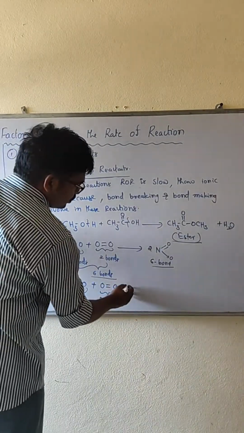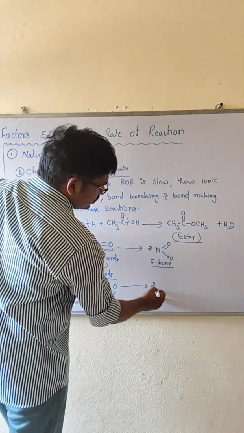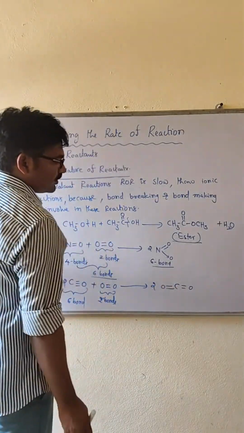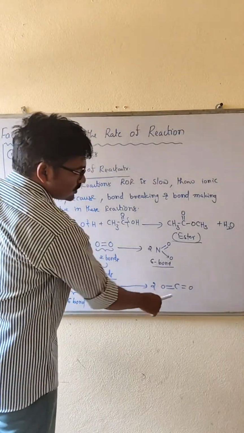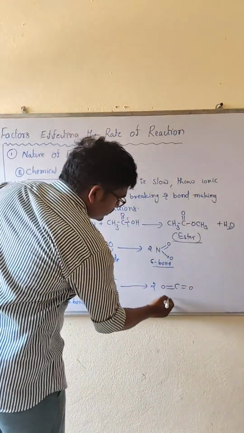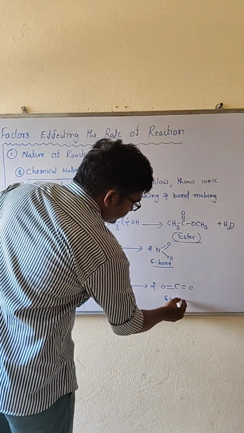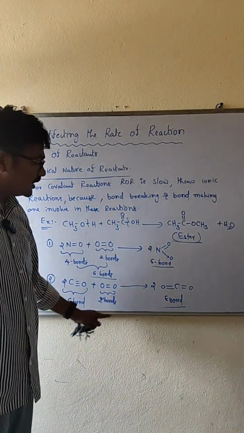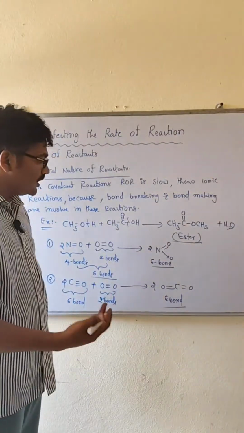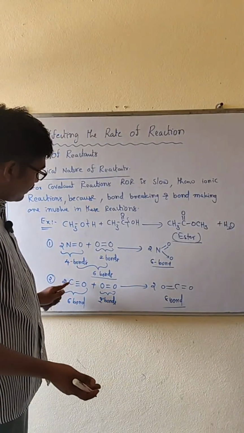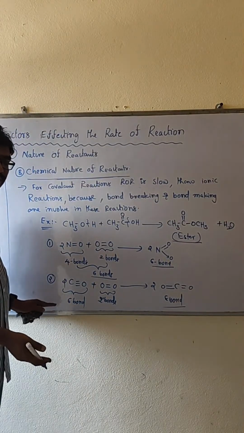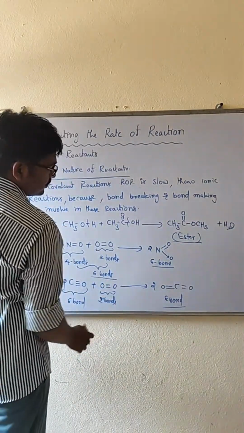When both react with each other, 2 moles of CO2 are formed, O double bond C double bond O. In each molecule 4 bonds are present, 4 twos are 8, so 8 bonds are formed. So here 8 bonds are breaking and 8 bonds are forming. When compared to the previous reaction, this is very slow.